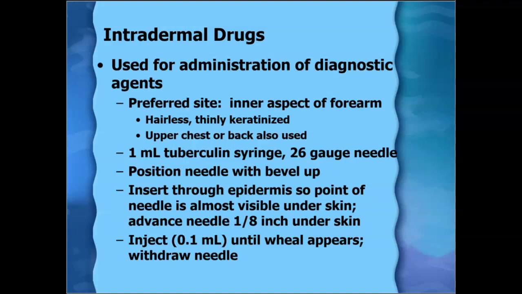A 1/4 of an inch to a 1/2 of an inch needle is usually used, and a 25 or 27 gauge needle is typically used. The angle of administration is 5 to 15 degrees, depending upon the patient. And the dosage given intradermally is very small, usually less than a 1/2 ml, okay?